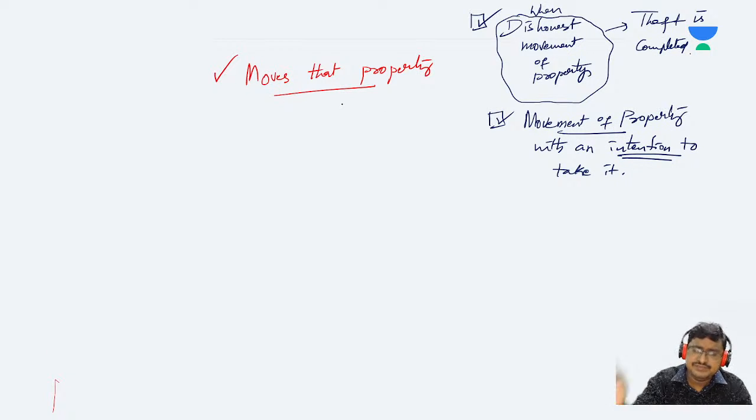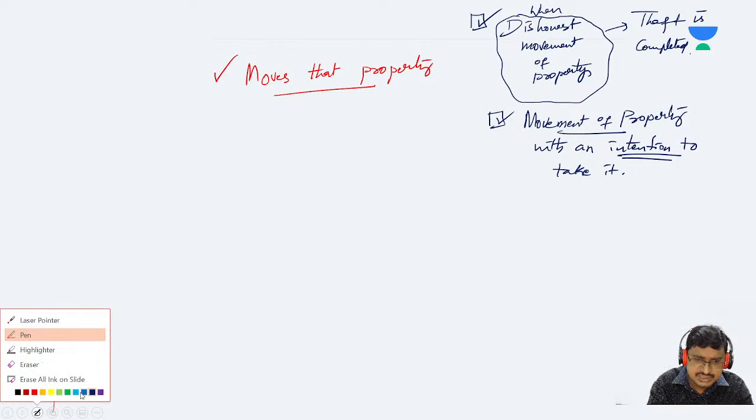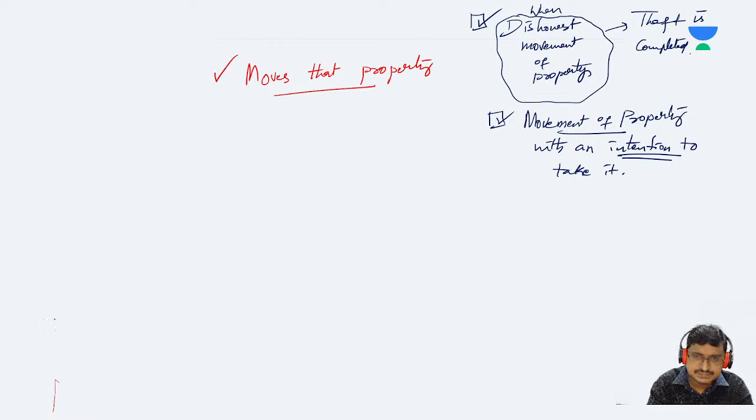Now let us see a few illustrations, friends, in order to understand the concept of theft. Okay, now let us see various illustrations here. First, let us see the first ingredient.